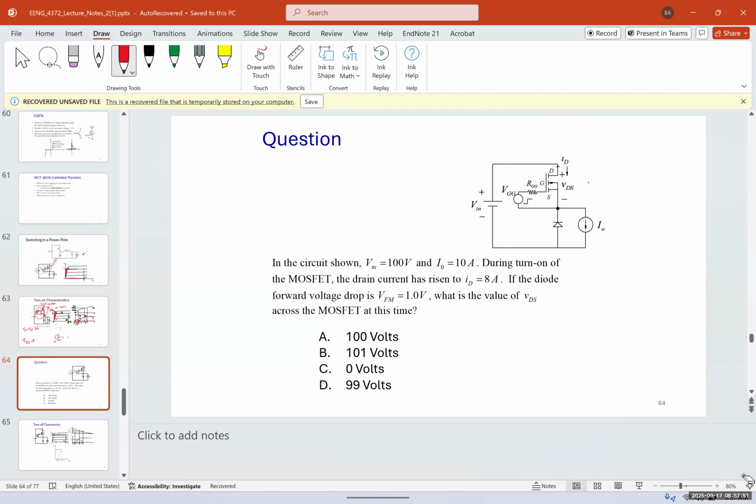If the diode forward voltage drop VFM is 1 volt, what is the value of VDS across the MOSFET at this time? I will give you a few minutes to think on this in your notes.